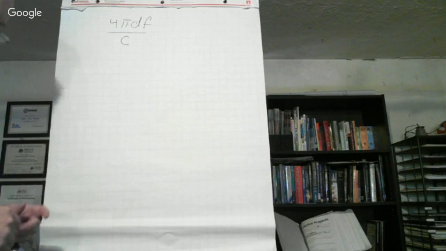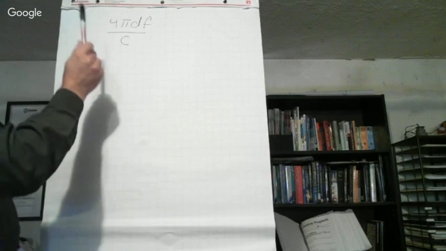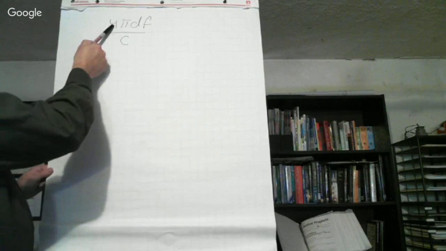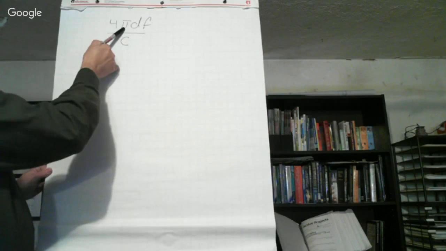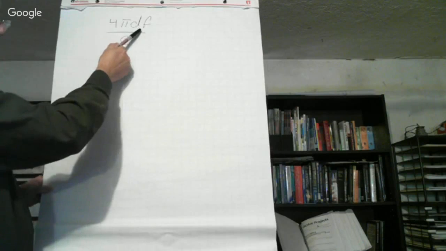In order to get that, you need to take this whole thing and put it into a logarithm. But the functions are, you have 4 times pi, which is fairly self-explanatory. D is your distance, and F is your frequency. And all of this is over the speed of light.